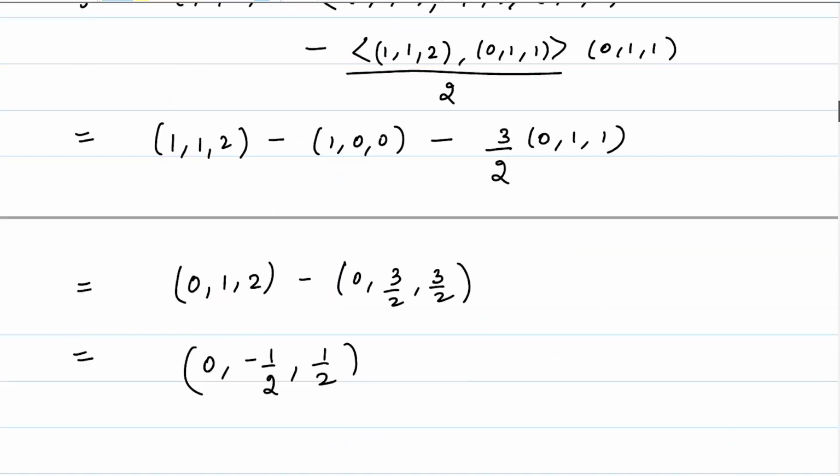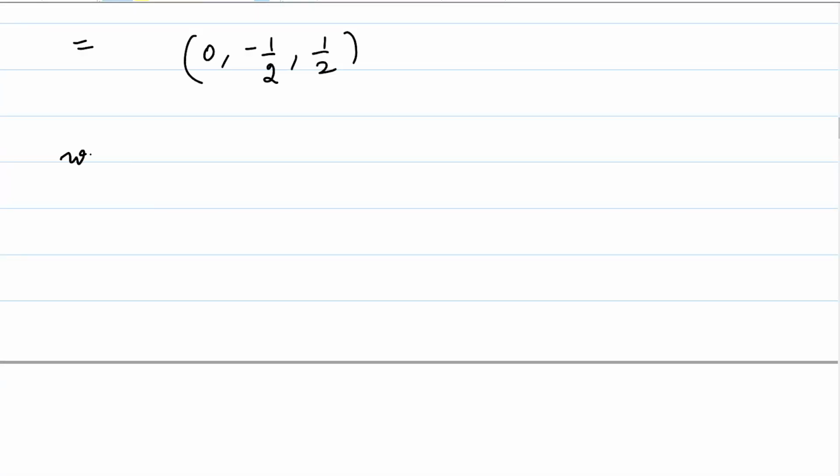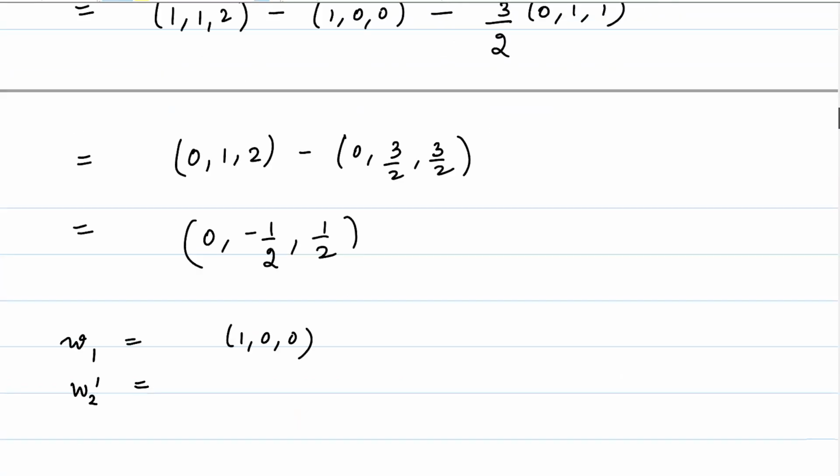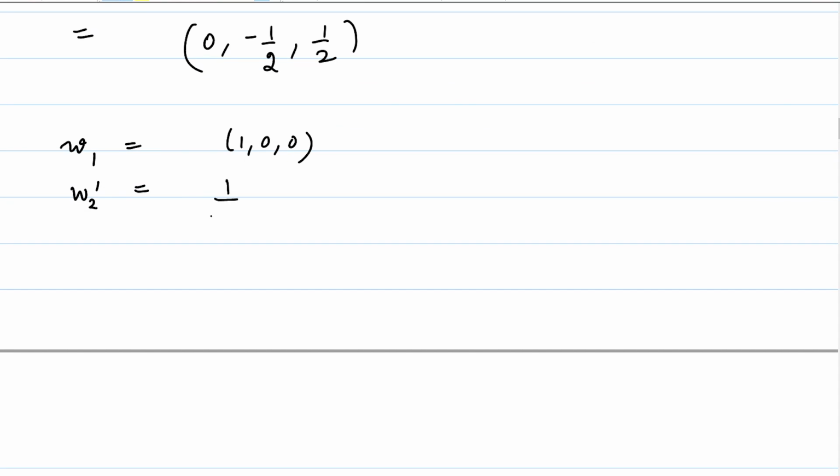So what will be our orthonormal basis? W1 will be, after normalizing, just 1, 0, 0. W2 prime will be 0, 1, 1, and after normalizing, it will be 1 by root 2 times 0, 1, 1. This is W2, which is W2 prime divided by the length of W2 prime.